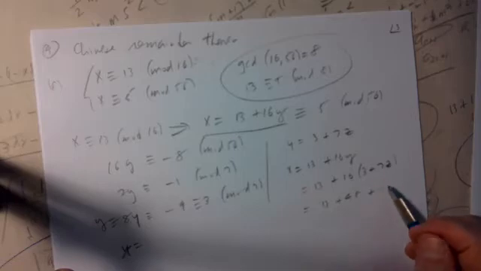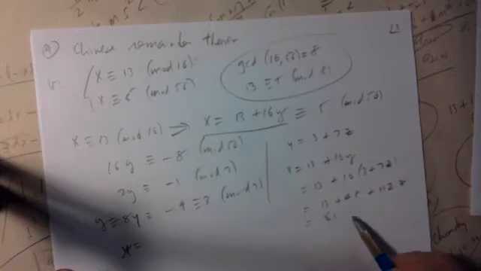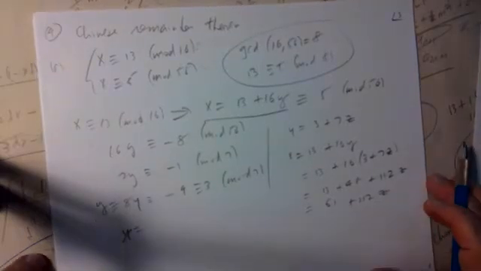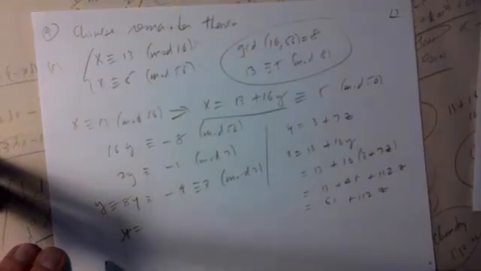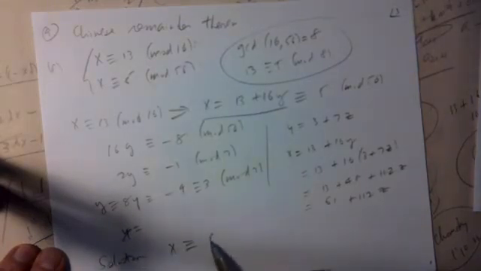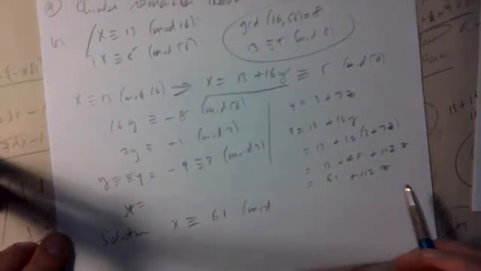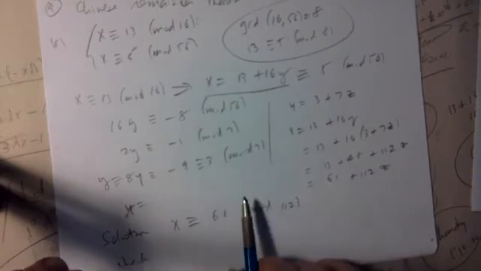What is 7 times 16? 7 sixes are 42, 112z. So this is 61 plus 112z. So the solution is any number x congruent to 61 mod 112. And let's just check.